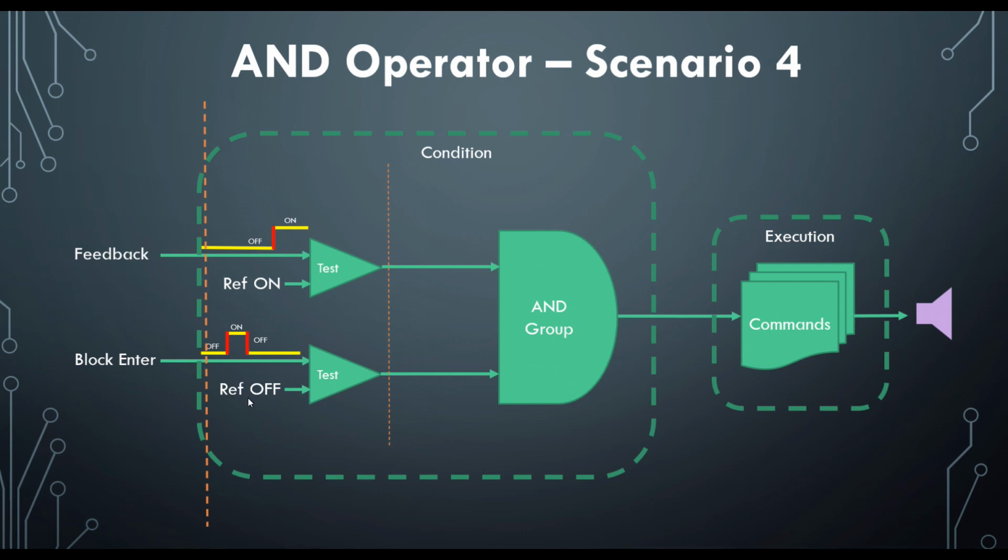So the only time where this action can trigger is when block enter is in its off state and this is in its on state. So if we look at this here, it would appear that the only time that this could execute is at this event here when this is on and this is off.